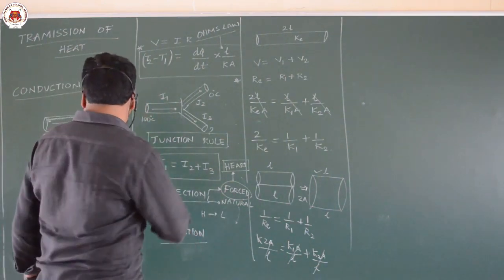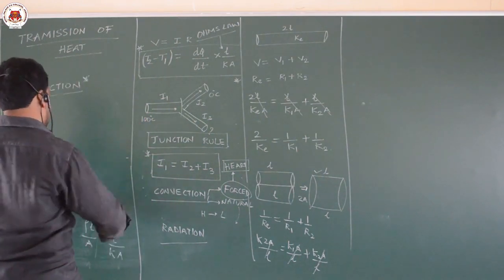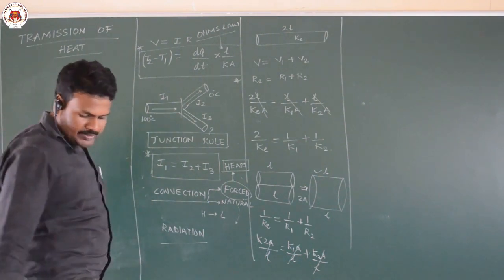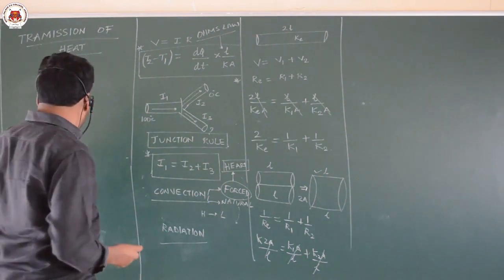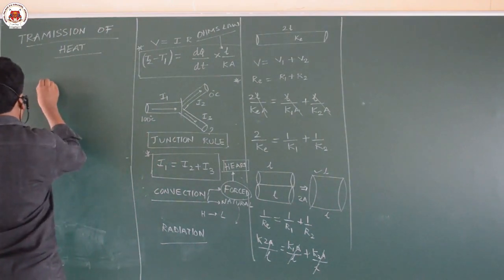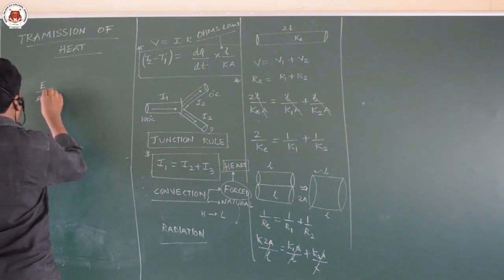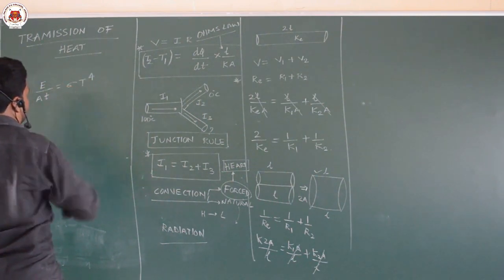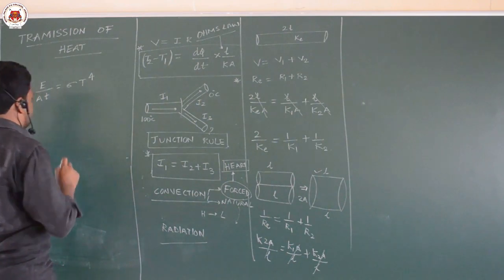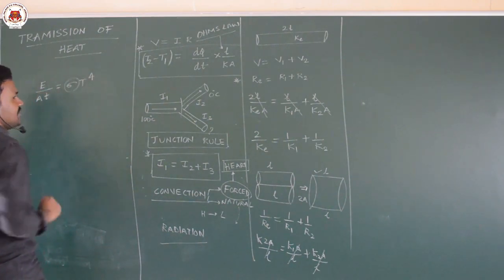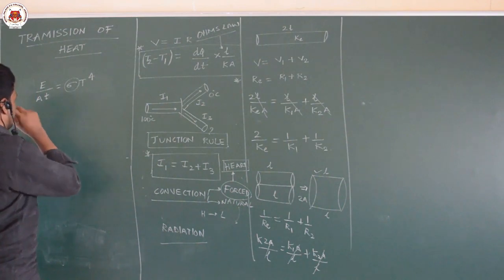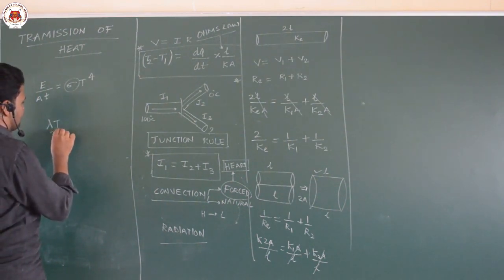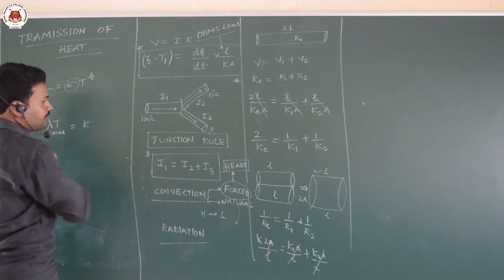In radiation we have to remember that the amount of energy per unit area per unit time is equal to sigma T to the power of 4, where sigma is Stefan's constant. Similarly, lambda max into T is equal to a constant.